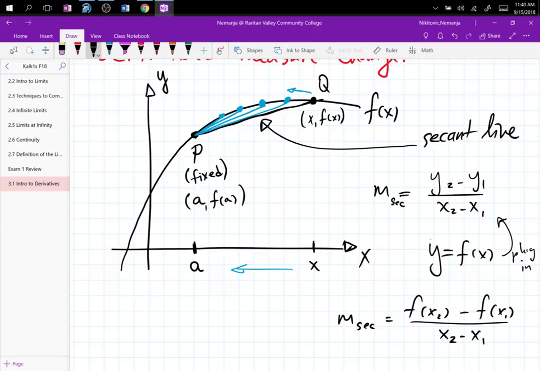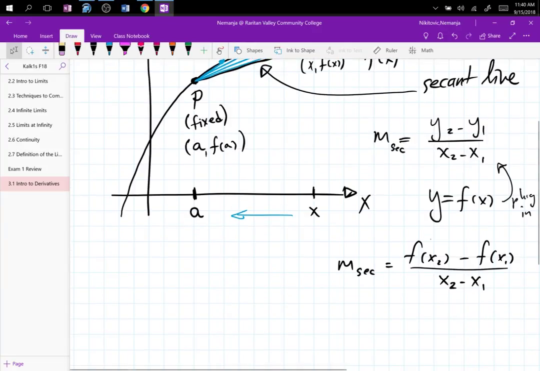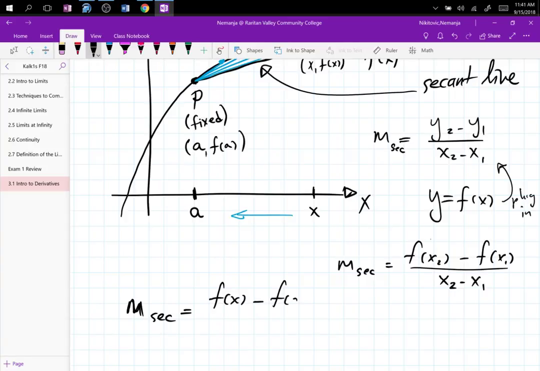So now I'm going to plug these into my secant slope formula. So now m secant becomes f of x minus f of a divided by x minus a.